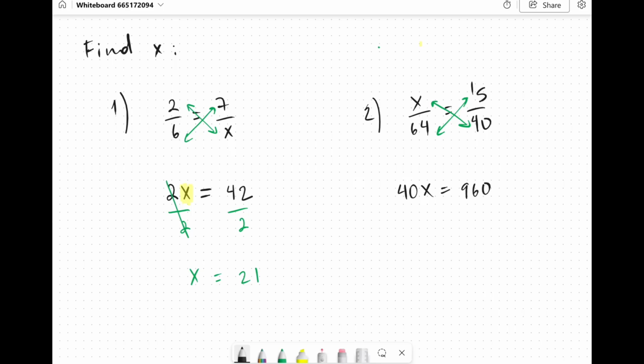To find x, you need to remove the 40. Again, it's going to be done through division. 960 divided by 40 is 24, so x equals 24. Now, if 40 couldn't go into 960 evenly, you leave it as a fraction, but you try to simplify it.